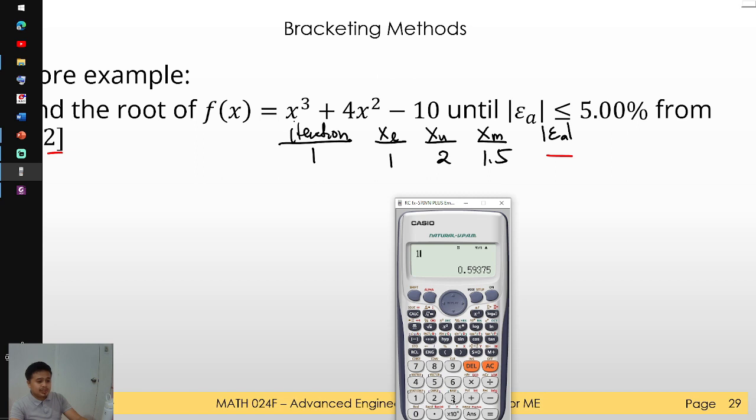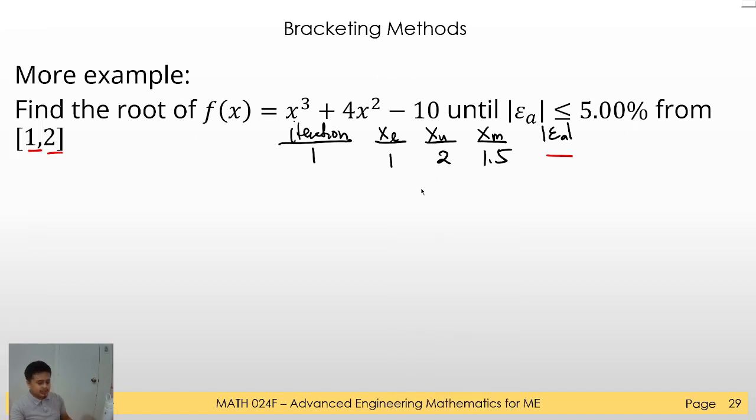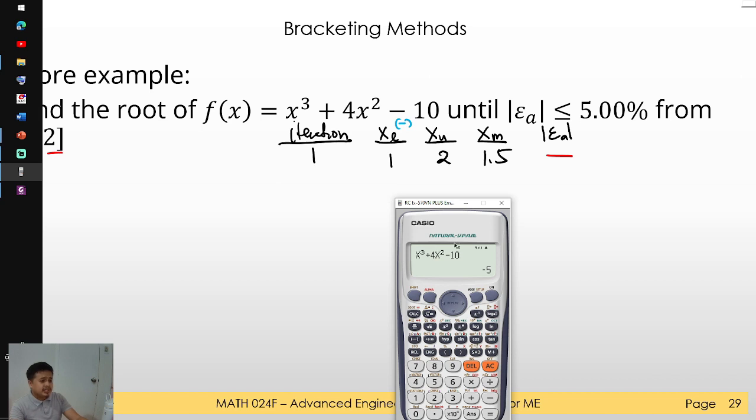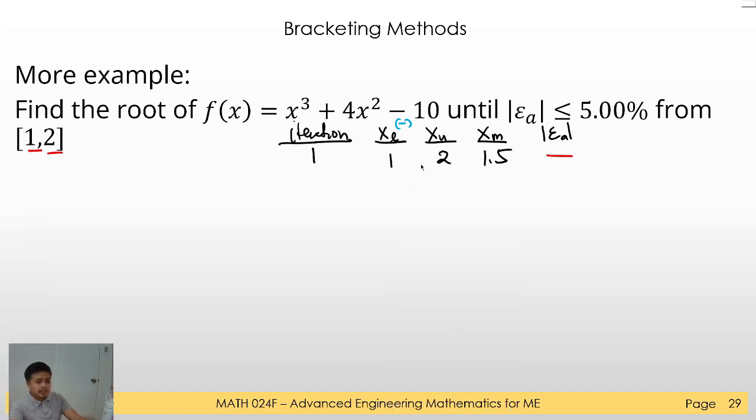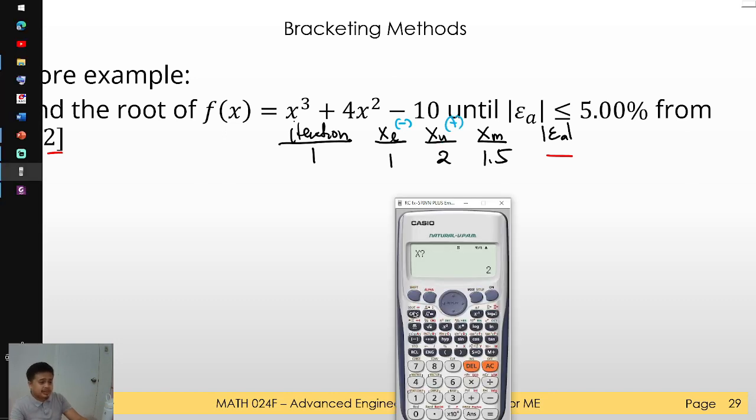If we substitute 1, f of xl is negative. And then for 2, it is positive. So let's see if f of xm is positive or negative. Substitute 1.5. The answer is positive.